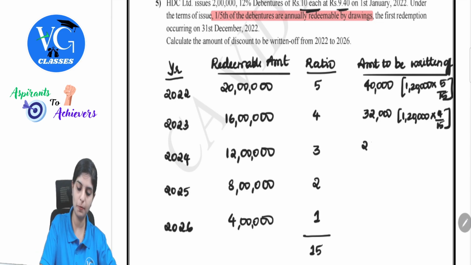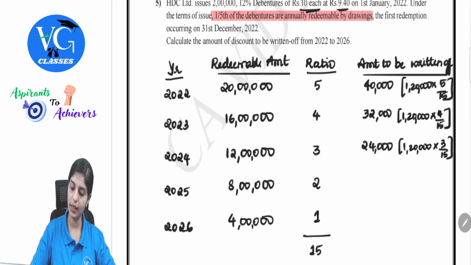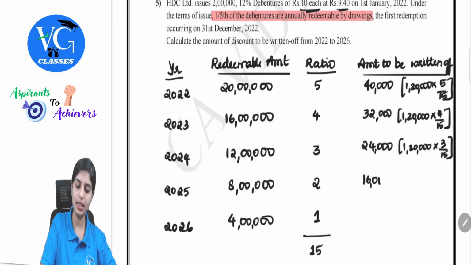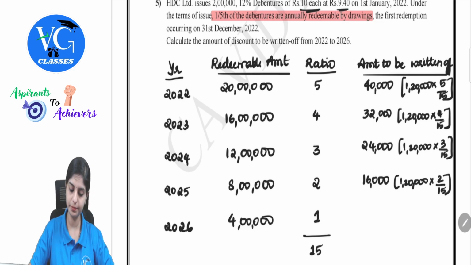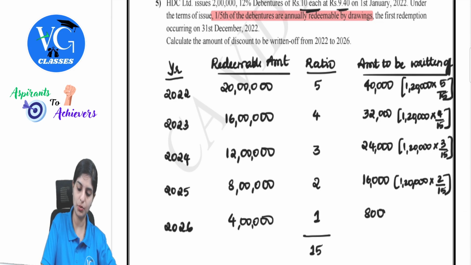That is 24,000. Next, 1,20,000 into 2 by 15. This is 16,000. Last, 1,20,000 into 1 by 15, which will be 8,000.